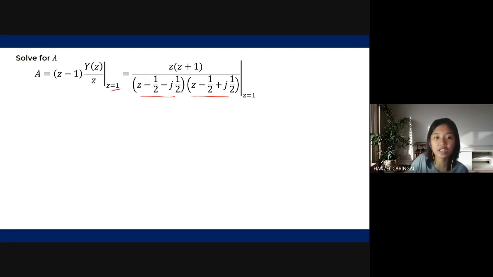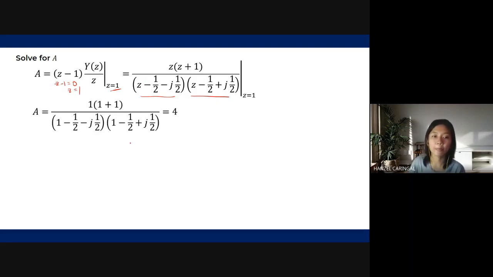Then our z is the pole that we equated to 0, which is 1. So z is equal to 1. We just substitute that value of z, and our A is equal to 4.